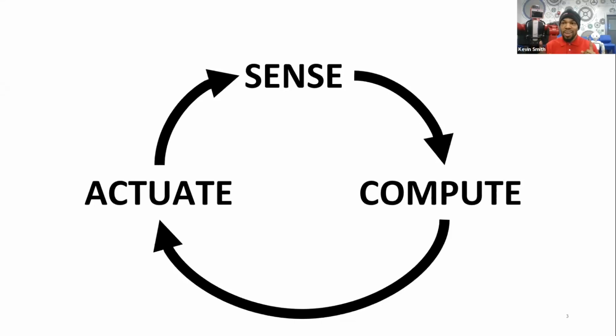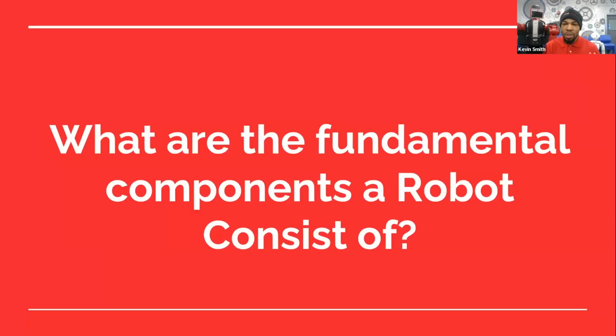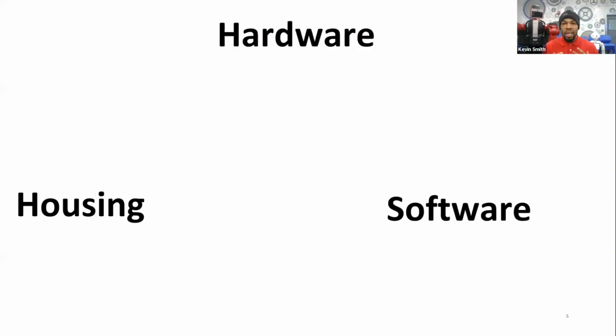But for today, I wanted to go one step deeper, not just ask what is a robot, but what are the fundamental components that a robot consists of? And this is a really interesting question, but you may already know the answer to this. So I would say that a robot consists of 3 simple things: hardware, the software, and the housing for the hardware and software.